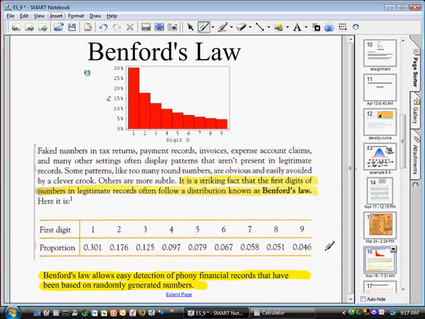It is a striking fact that the first digits of numbers in legitimate records often follow a distribution known as Benford's Law. It's kind of a shock, isn't it? You'd think there'd be some kind of equal distribution. Way at the bottom, Benford's Law allows easy detection of phony financial records that have been based on randomly generated numbers. So one thing that modern-day accountants often use as they're doing their audits is Benford's Law.